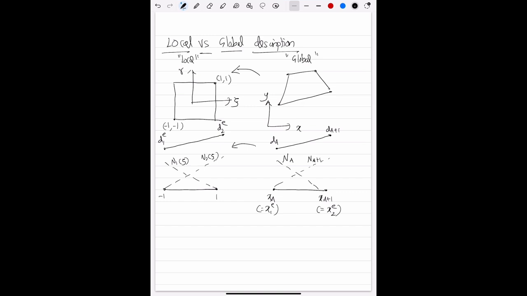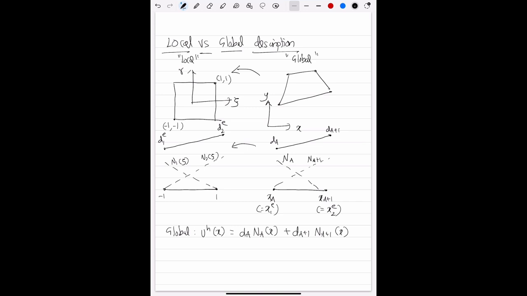Now we know that in the global description, the solution can be written as follows. So in the global description, the solution within this particular element, UH of x, can be written as dA multiplied by NA of x plus dA plus 1 multiplied by NA plus 1 of x.